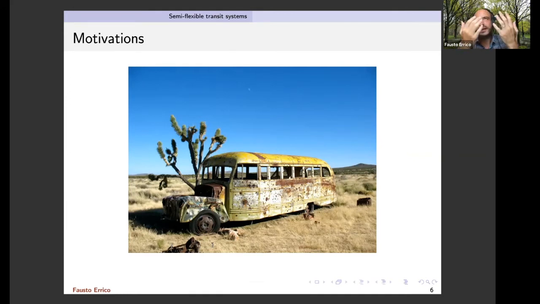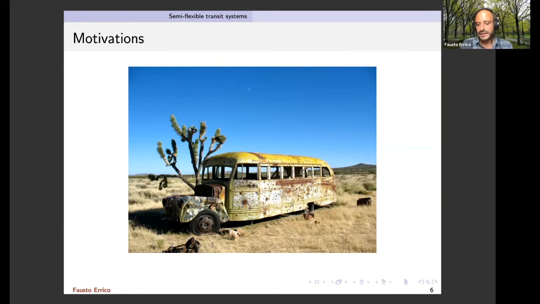The quality of the service tends to decrease drastically because there's not much demand, there's no resource sharing, if you want. So the service becomes less frequent, and the quality of the service is less interesting. People typically switch from public transit to private transit. It could be Uber, taxi, bikes, whatever.